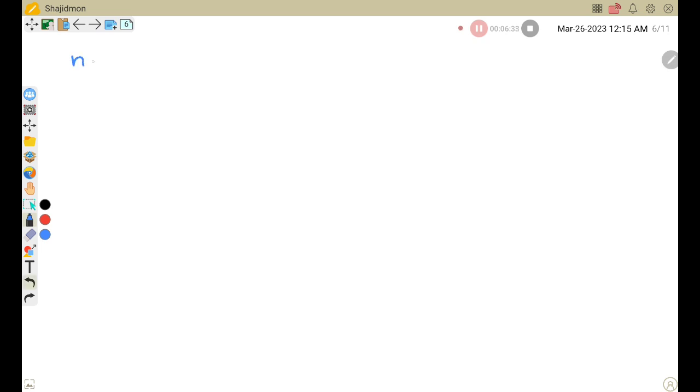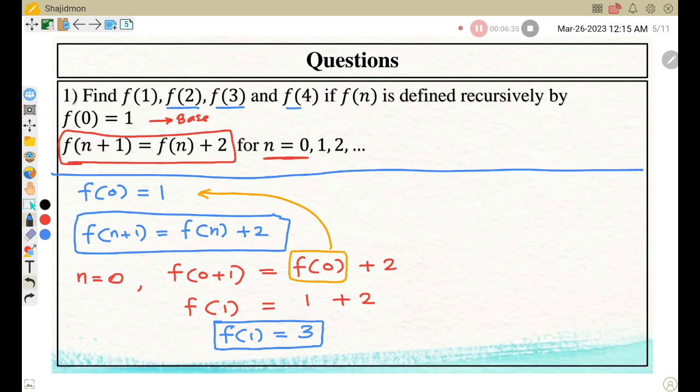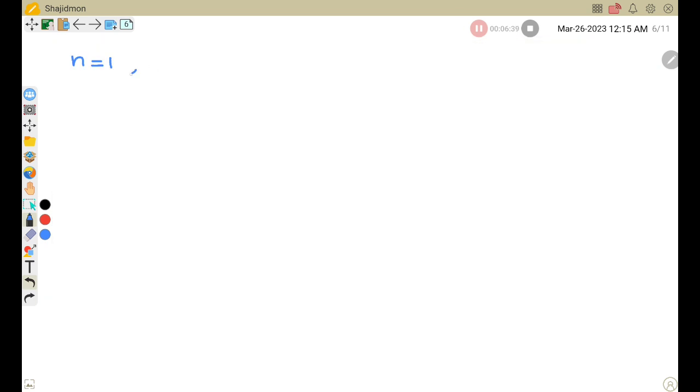Now just substitute n equal to 1 here. First we applied n equal to 0, we got f of 1. Now we are going to do n equal to 1. So f of n plus 1, with n equal to 1, 1 plus 1 equals f of 1 plus 2, correct?